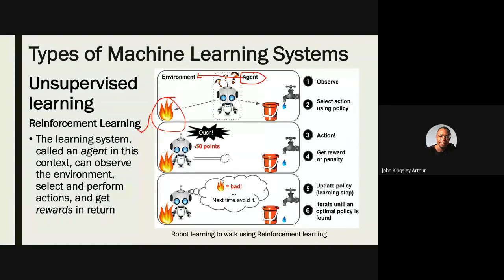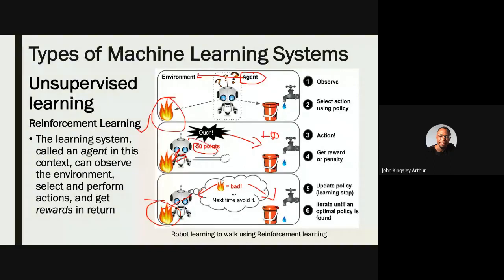The robot tends to understand that moving towards fire is wrong. So it will now try to move towards the right. As it moves towards the right, there is a plus. When it moves towards the left, there was a reduction of, let's say, 50 points. If it moves towards the right, there is an addition of 50 points. So it tends to understand that moving towards the left, which is pointing to fire, is bad. Moving towards the right is good.